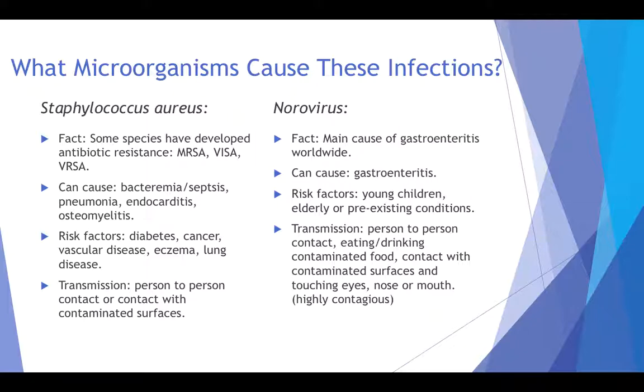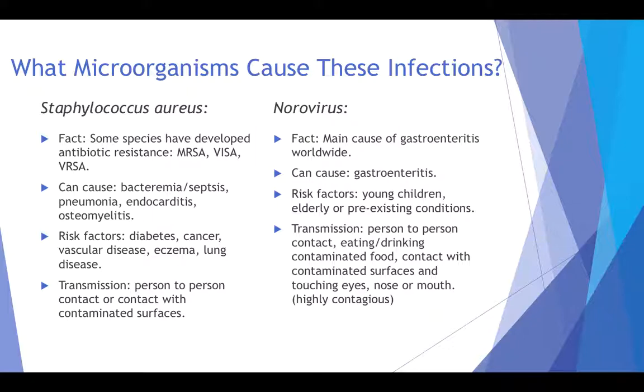Lastly, I wanted to mention norovirus, which, as the name implies, isn't a bacteria, but rather a virus, and it is the main cause of gastroenteritis worldwide. Gastroenteritis is an inflammation of the lining of the stomach and intestines. Risk factors are young children, the elderly, or other pre-existing conditions.